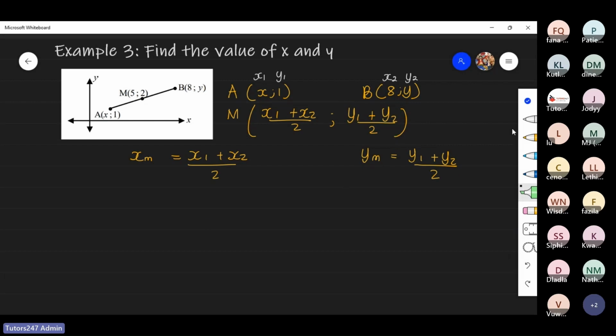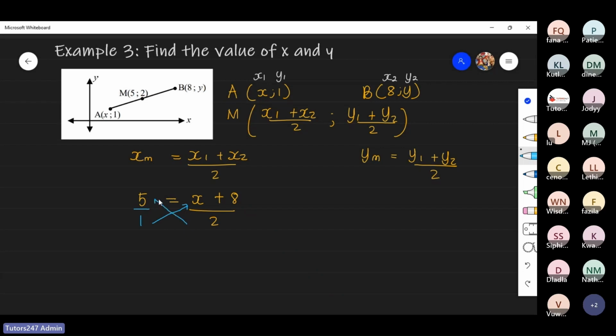Now, next, I'm going to substitute. So I have my x value of my midpoint as 5. I've got x1 as x, and I've got x2 as 8, and that is all over 2. From here, all I now need to do is solve for x. So I'm going to use cross multiplication. We know that 5 is just over 1, so I'm going to cross multiply.